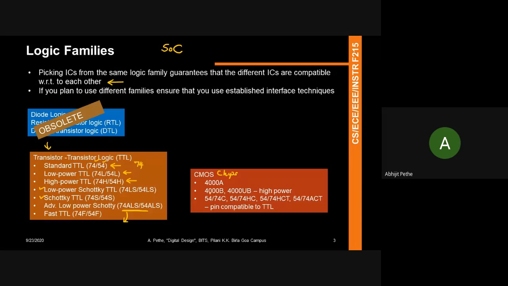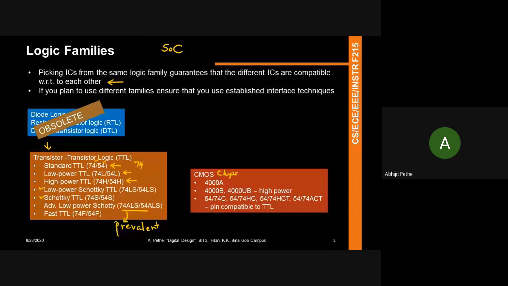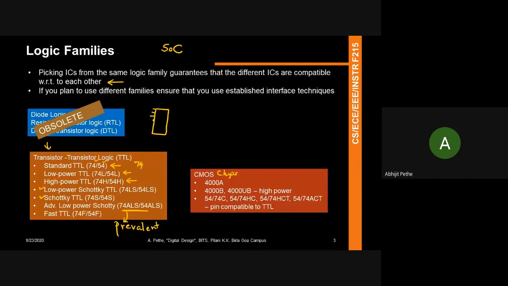And because TTL chips are so prevalent, CMOS manufacturers also make pin compatible chips. Remember, ultimately your chip should look something like this with a bunch of pins. These are your input output pins. Normally, TTL logic has 14 pins, 7 on each side.